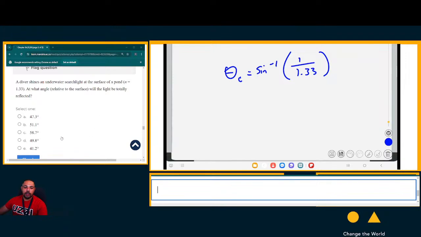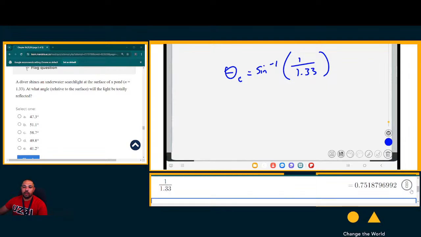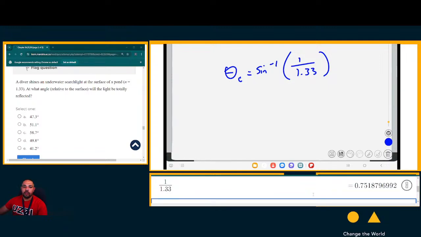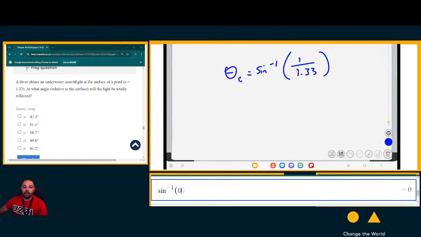Inverse sine of 0.751. How come I got 48 and early on, when I calculated this, I got 41?